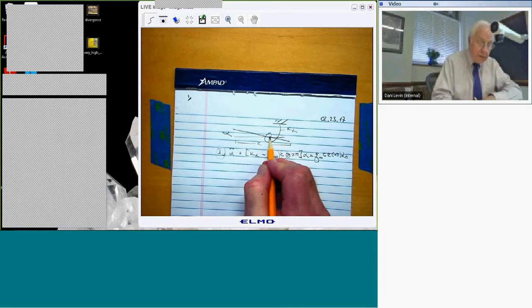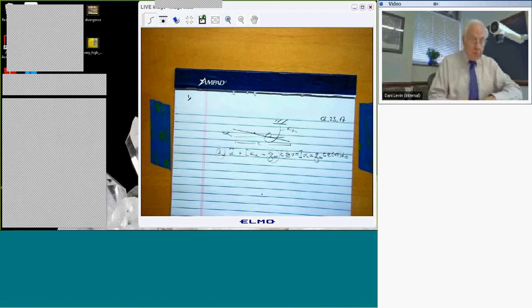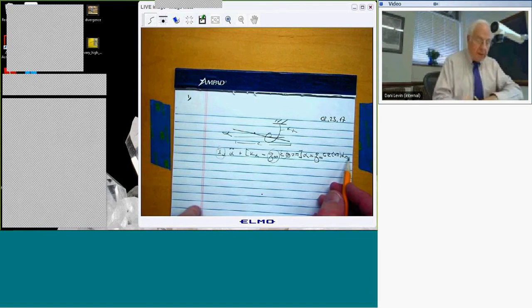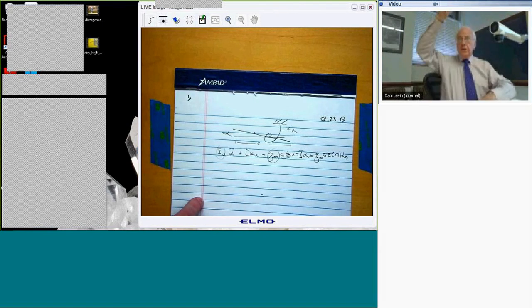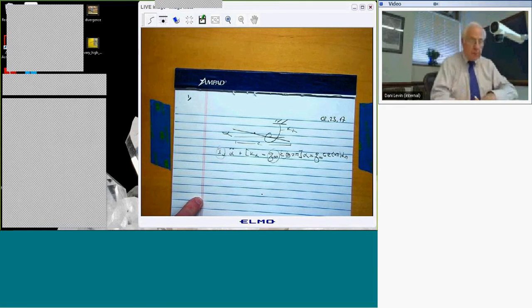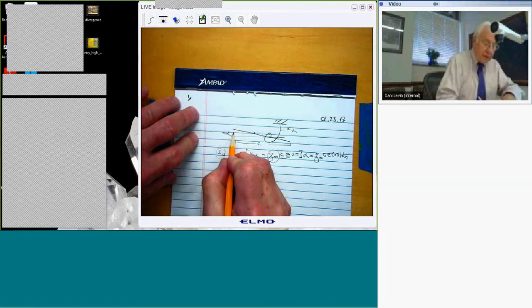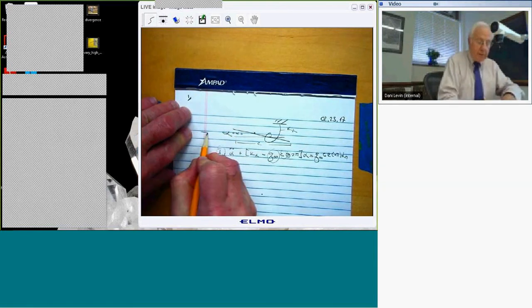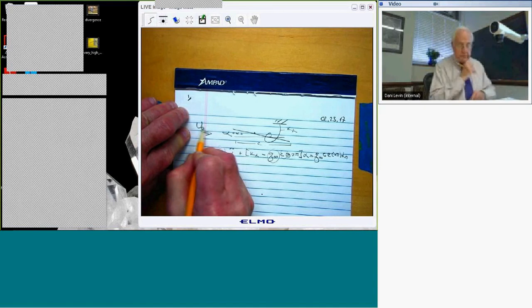E is the distance from here to some magic aerodynamic center point. 2 pi comes from the aerodynamic theory. And the difference between alpha naught and alpha is the twist of the spring, the angle of twist of the spring, while alpha naught plus alpha is the total angle which this makes with the oncoming flow.